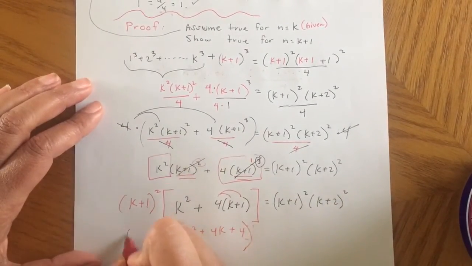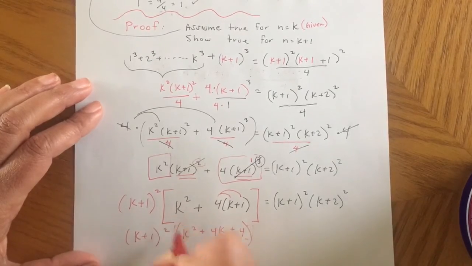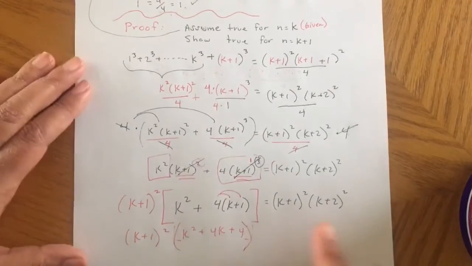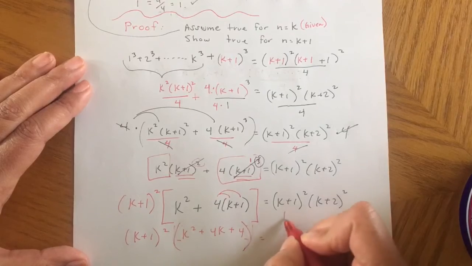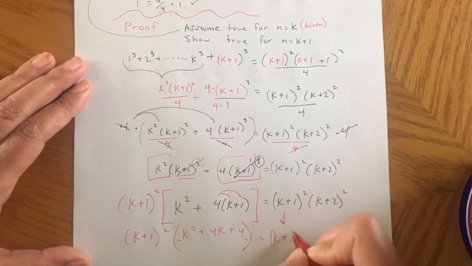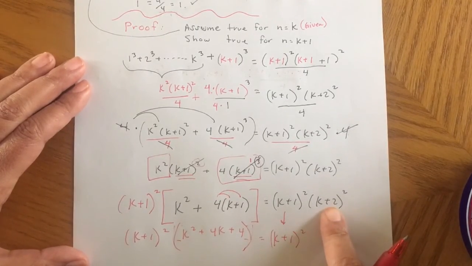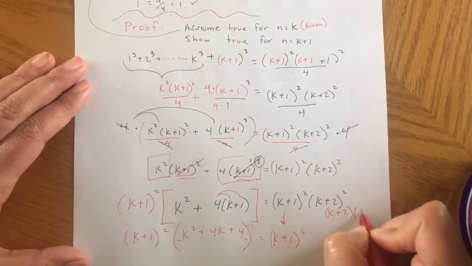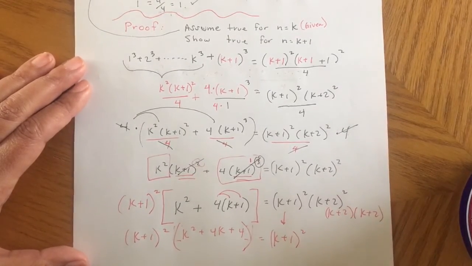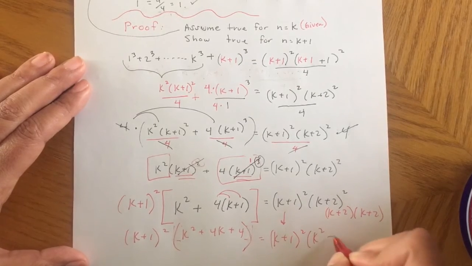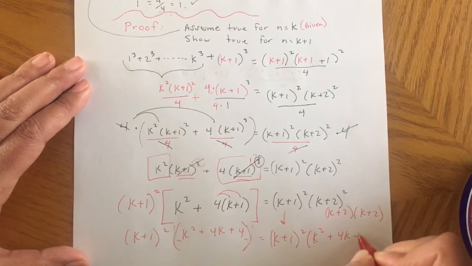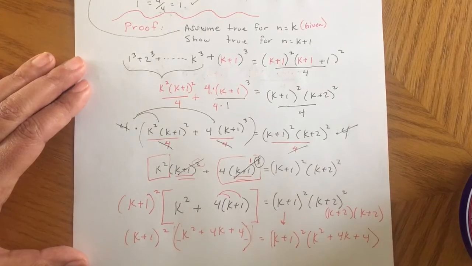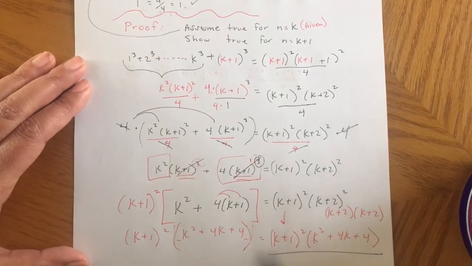And then I have the k plus 1 on the outside. So on this side, I'm going to bring this down. And if I multiply this out, that is going to equal k squared plus 4k plus 4. So you end up with the same thing on both sides.